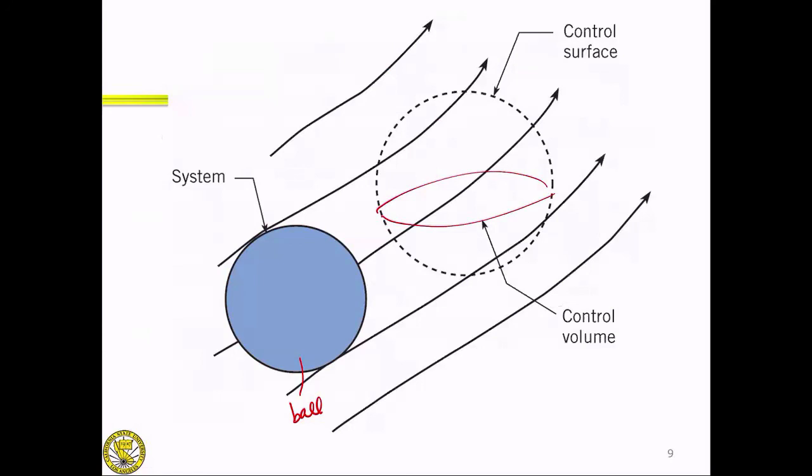Now, in this system perspective, it's kind of closed off, okay? You're tracking the particles that are already in the system. The control volume is different because you could have things freely entering, you can have things freely being stored, and you can also have things exiting. So it is very different, okay?